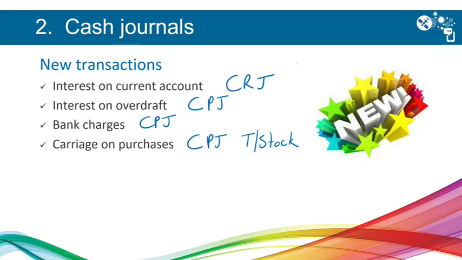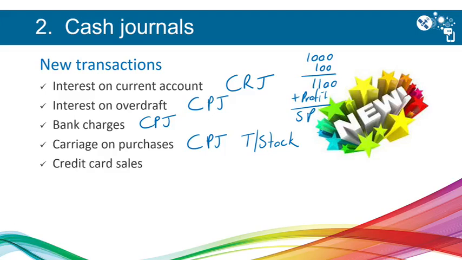So if we bought for 1,000 Rand trading stock, we paid 100 Rand to transport that to our business, then trading stock is going to be debited with 1,100. And then we add our profit to that in order to get our selling price. So that's a way of sort of getting your carriage on purchases back instead of showing it as an expense. Carriage on sales, when I sell and I have to deliver, that will be the expense.